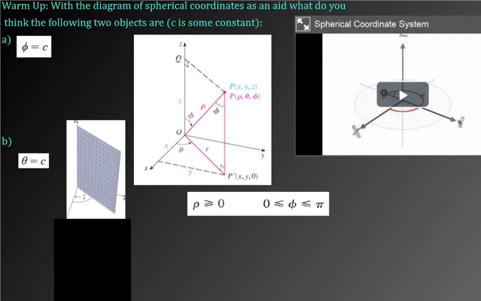I'm going to go through all the conversions on the next slide, but for spherical coordinates, instead of x, y, z, we have rho, which is spelled R-H-O, and then theta, and this is phi.